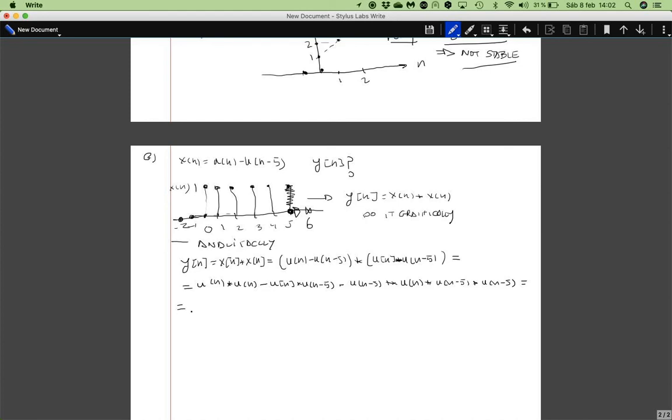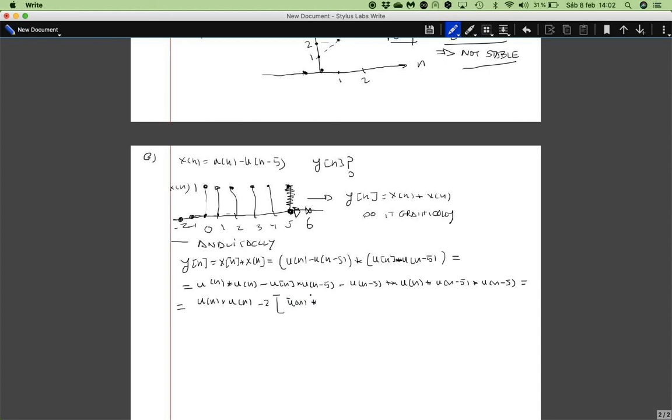So if we group these cross terms over here, we'll have u of n convolved with u of n, minus 2 times u of n convolved with u of n minus 5.